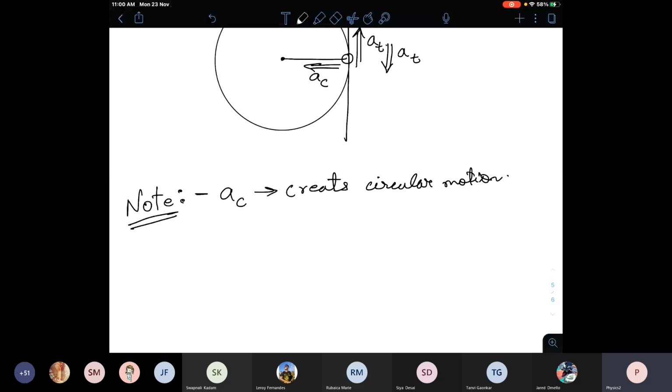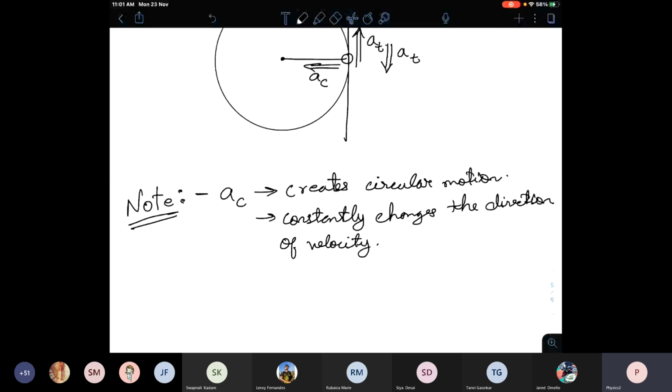Why does it create circular motion? Because this is the acceleration which constantly changes the direction of velocity.